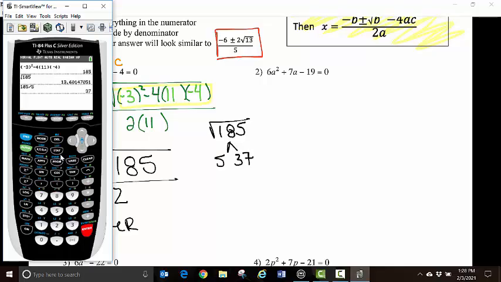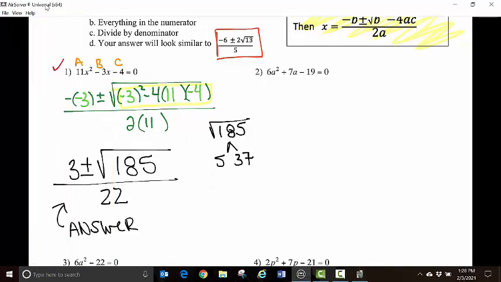Now I think 37 is prime, but I'm going to check. I know it won't divide by 2 because that's even. 37 by 3, nope. 37 by 4, I know is not going to work. So guys, it's prime. Did the tree work? No. So guess what? There isn't a better answer. This is your answer.